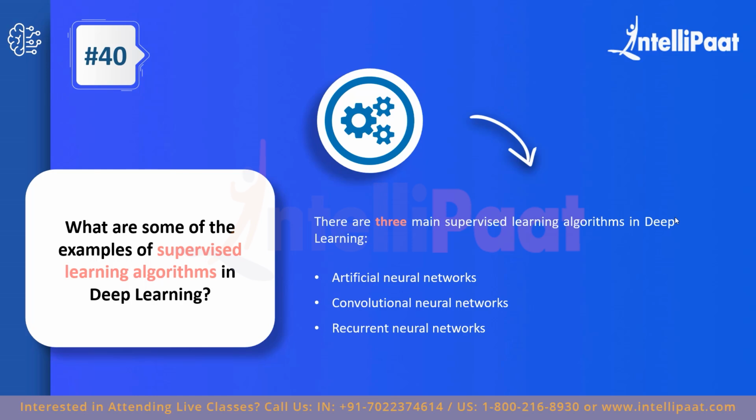One is ANNs, artificial neural networks, then you have CNN and RNN, convolutional neural networks and recurrent neural networks respectively. So you have to mention these 3 main supervised learning algorithms used in the field of deep learning, and these will cover all of the subfields that come under them. CNN has a lot under it as well. RNN has a lot of types, as we just checked out in the previous set of questions, but mentioning these 3 should be more than sufficient.